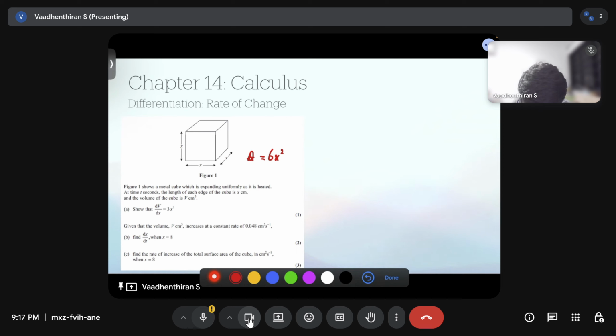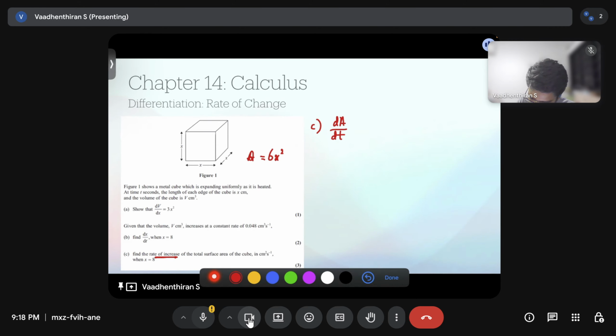So here it is 6x squared. They're asking you to find dA over dt when x is equal to 8.